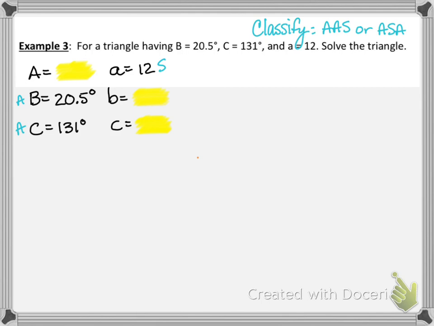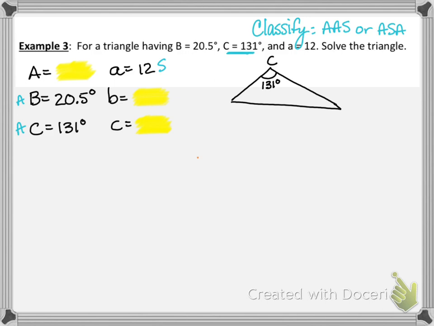So we're going to draw a random triangle to give us a picture. I know that one of my angles is 131, so that angle is going to be pretty wide. I'm going to say that this angle here is 131 degrees, and it's angle C, and then I'm just going to connect these right here.